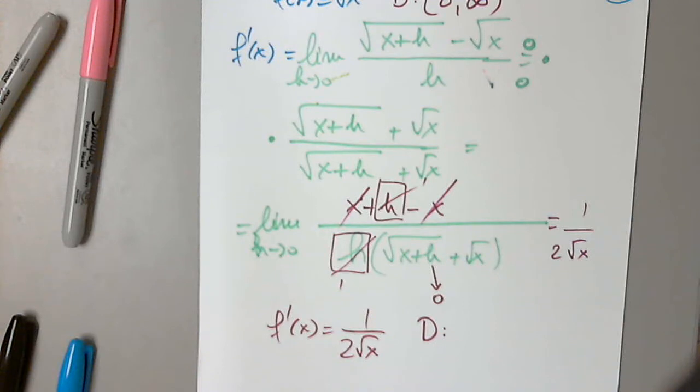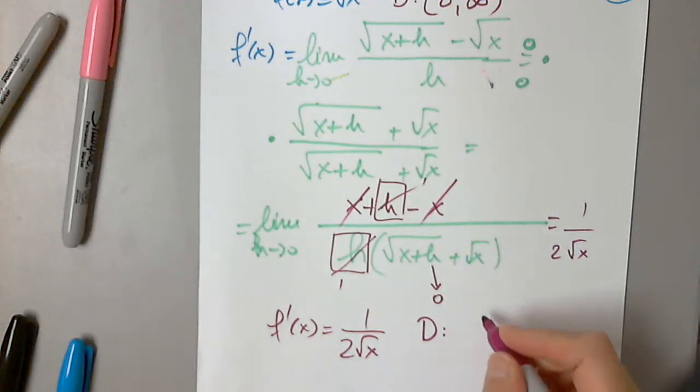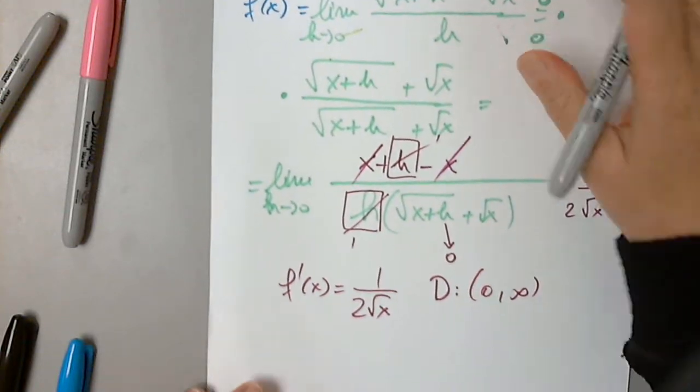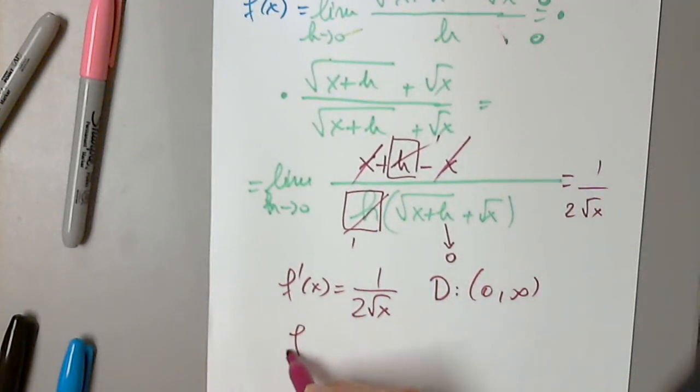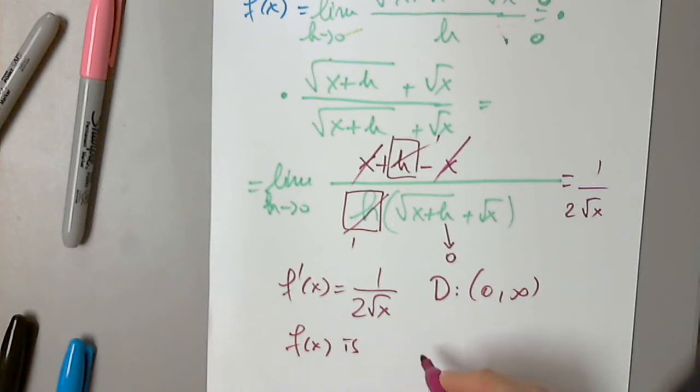It's not the same. Parentheses 0 to infinity. Right. So we conclude that f of x is or is not differentiable at 0.